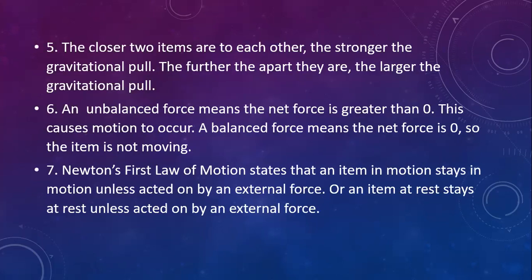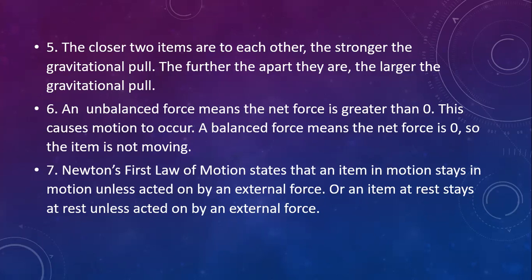The second thing that influences the amount of gravitational pull is the distance. Items that are closer together, so if they are not far apart, have a very strong gravitational pull. Like if we're talking about space again, the Sun and Mercury have a very strong gravitational pull compared to the Sun and Neptune. So the closer they are, the stronger the gravitational pull. Further apart, the smaller.